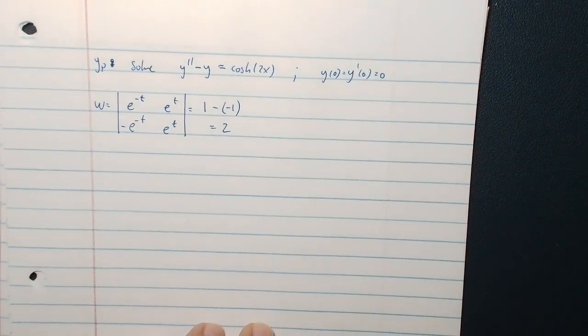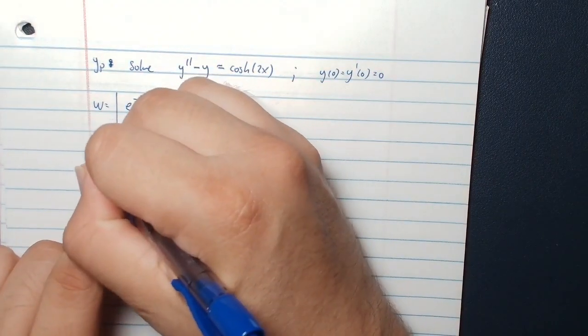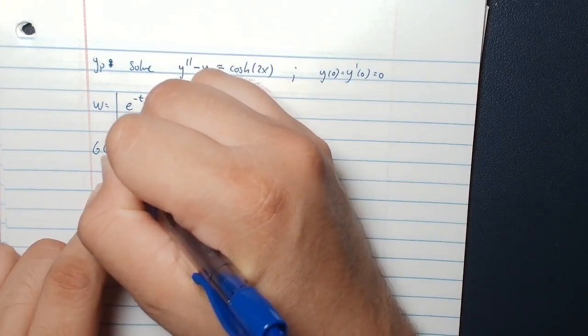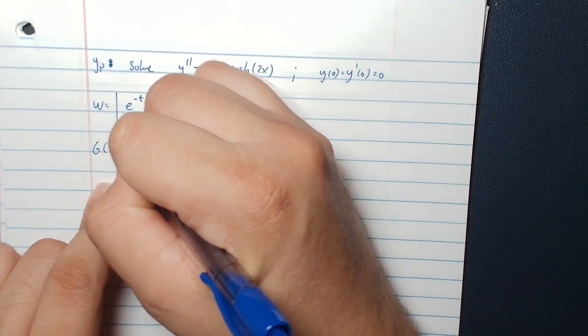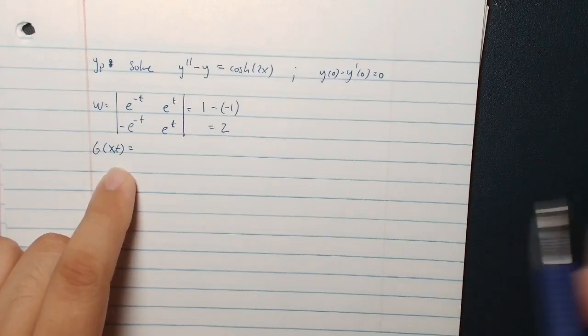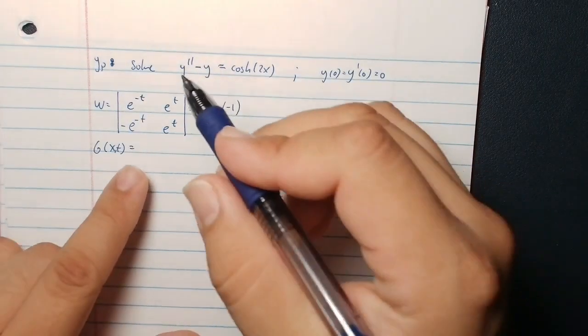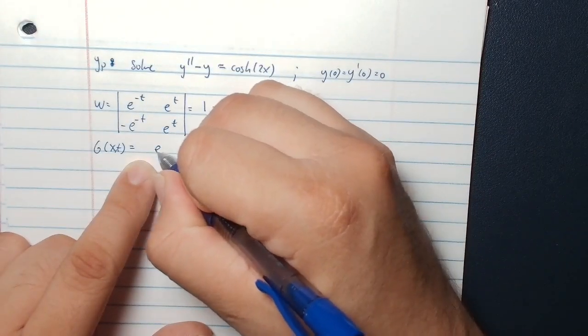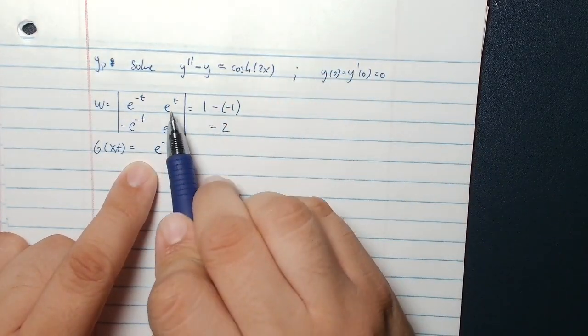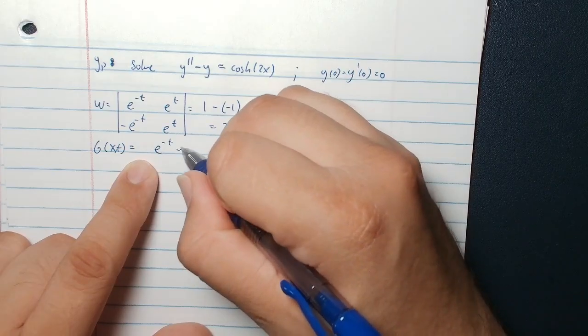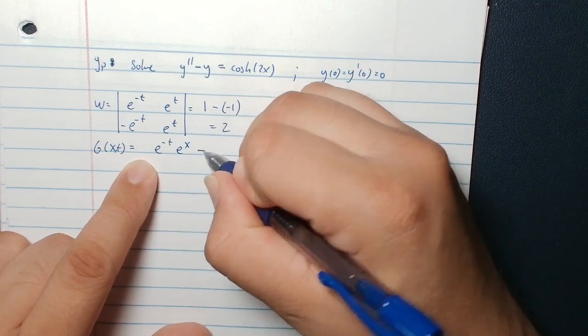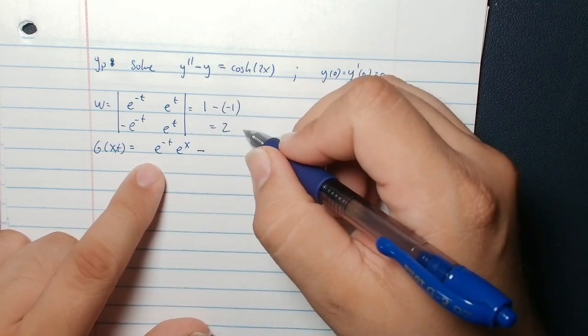Okay, that's nice. So now that I have my Wronskian, I can create my Green's function, g of x,t. That's going to be, let's see, I need my y1 with respect to t here. So let's see, e to the minus t. And then my y2 with respect to x, e to the x, minus, and then same thing, but just switch the variables there.